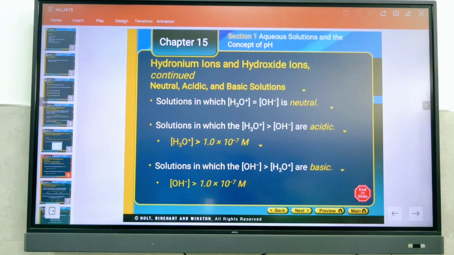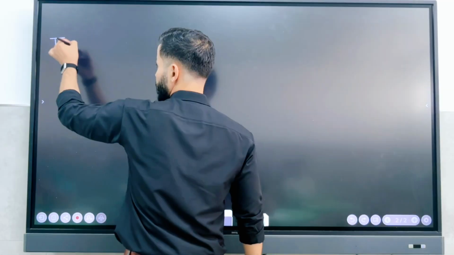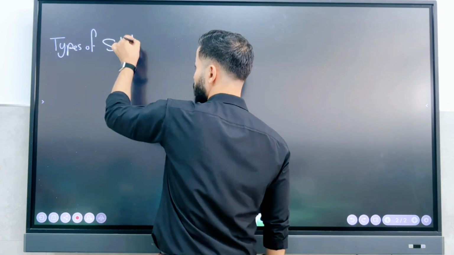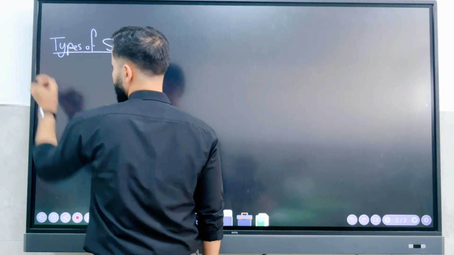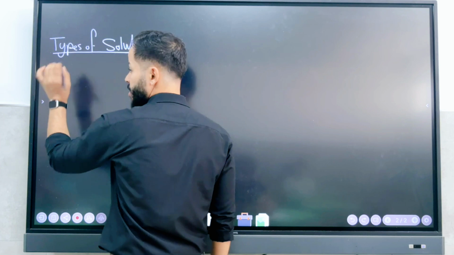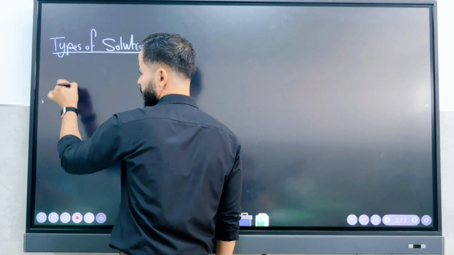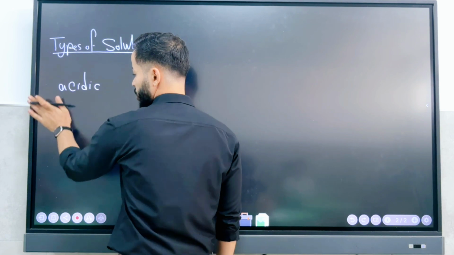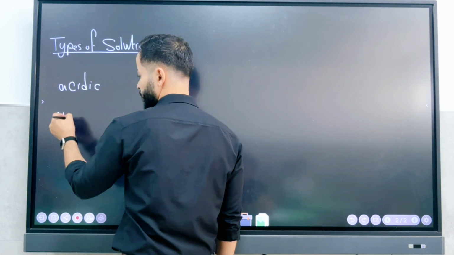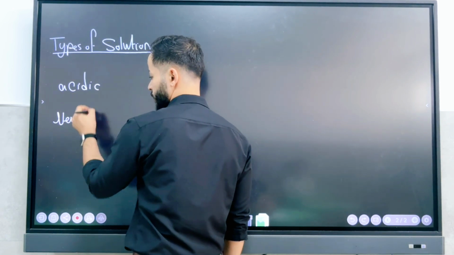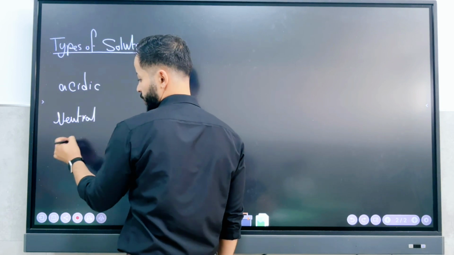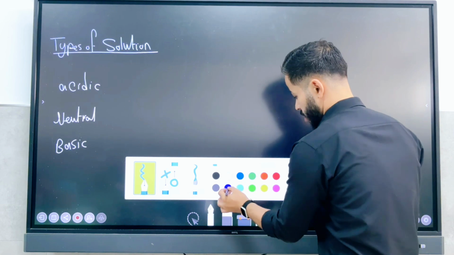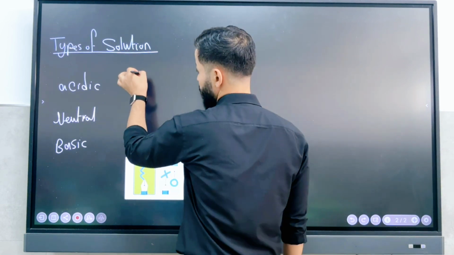Here are the classifications of the types of solution according to the concentration of hydronium. We have three classifications: neutral, acidic, and basic solutions. If we write it mathematically, we always have a hydronium concentration.